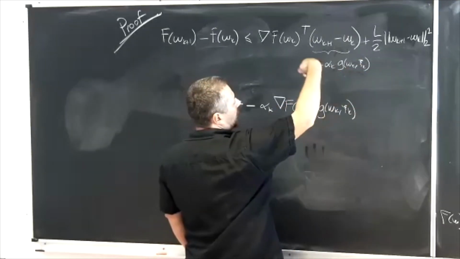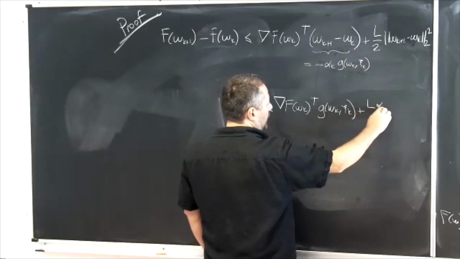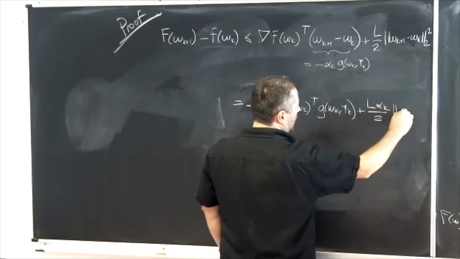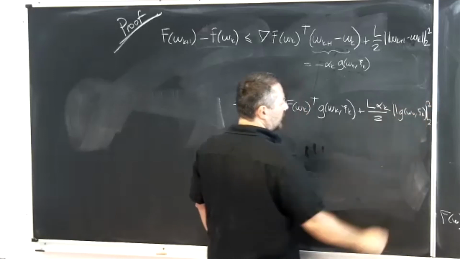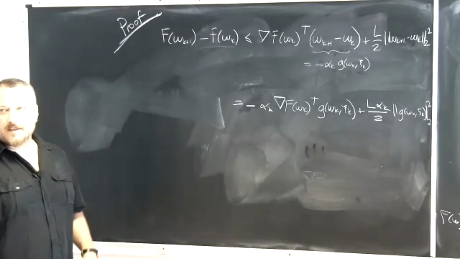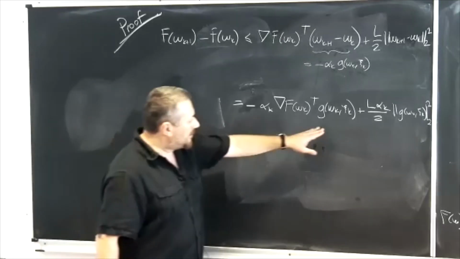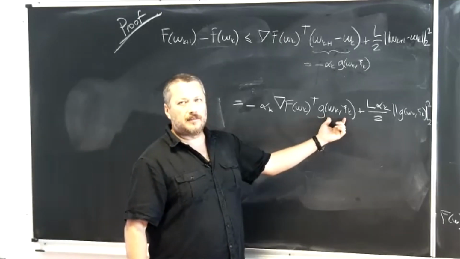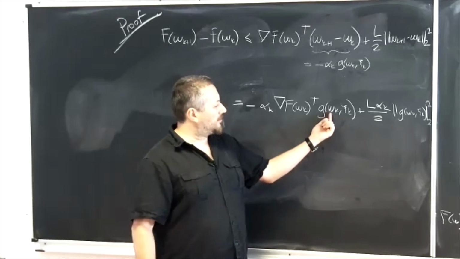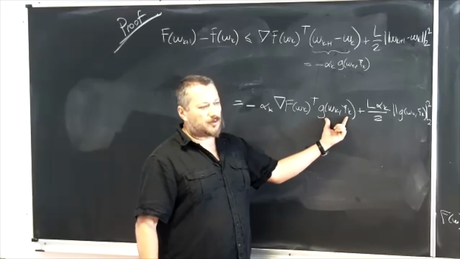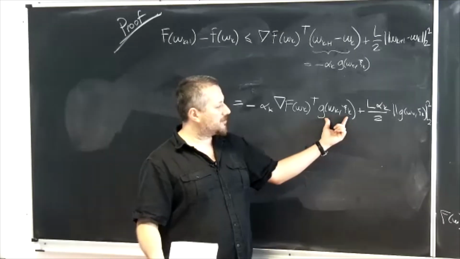Same thing here, I'm going to take α_k out of the square, so this is plus L times α_k squared over 2 times the norm of g(ω_k, ξ_k), squared. Remember that g(ω_k, ξ_k) is the approximate, stochastic gradient at the point ω_k, and the stochasticity comes from this random variable. So this is either the gradient at one point or an average gradient on a mini batch.